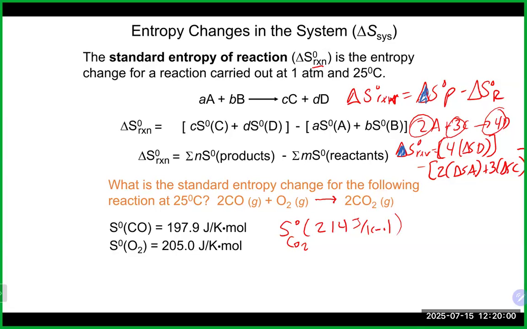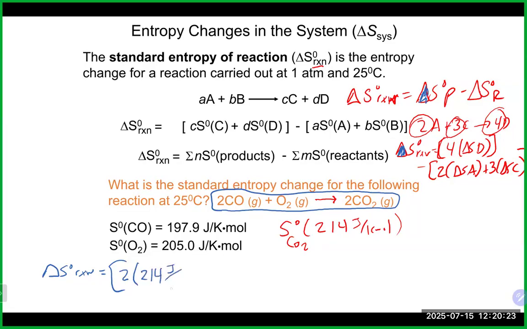So again, this situation, kind of like delta H, if you're just given a reaction, pretty much you should go to that table and find all the values here. So we're going to calculate it, basically our products minus our reactants. So our delta S of our reaction on our product side, we have 2 CO2, so we're going to take 2 times my value there for CO2, joules per Kelvin per mole. That's essentially all my products. Then I'm going to subtract it from my reactants.